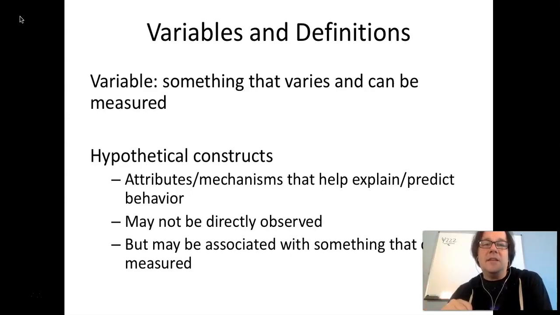However, behaviors are much easier to observe, and these cognitions or emotions can often be associated with something that can be measured. So we can measure these hypothetical constructs indirectly.